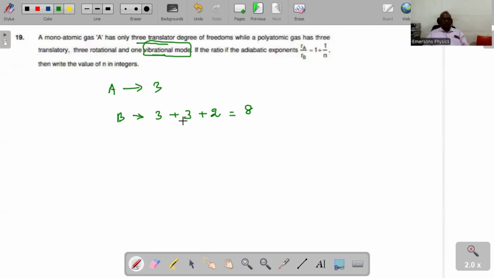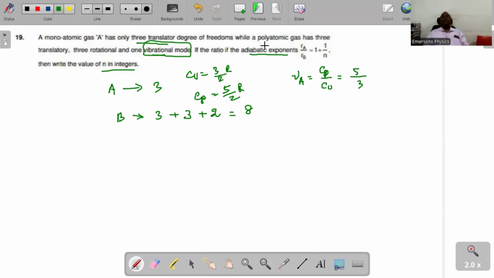We know for adiabatic process, the ratio of polyatomic gas, value of n integer. This is gamma. Ratio of adiabatic expansion means gamma. Gamma for A is with 3 degrees of freedom, Cp by Cv. We know for monoatomic gas, Cv equal to 3 by 2 R. Cp is plus R, 5 by 2 R, which gives 5 by 3.